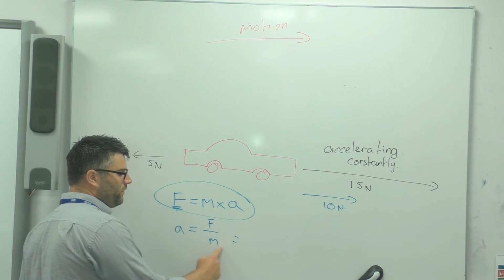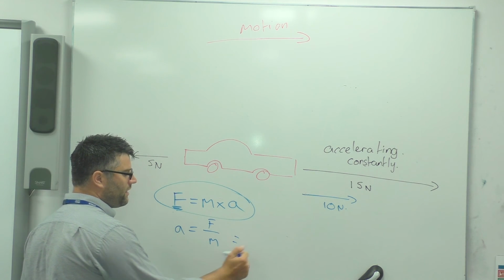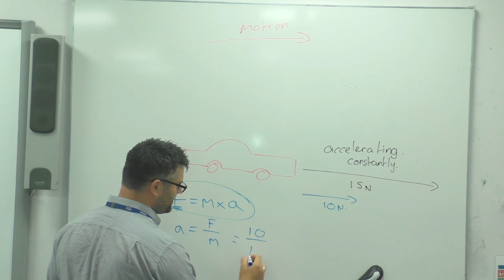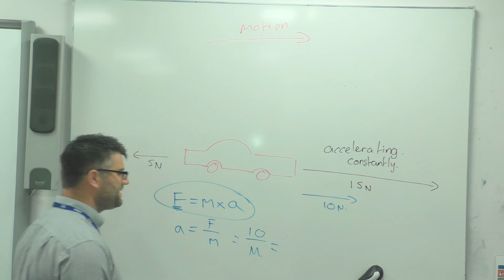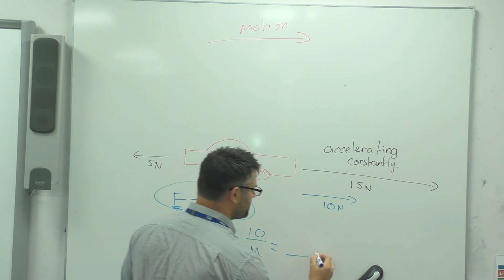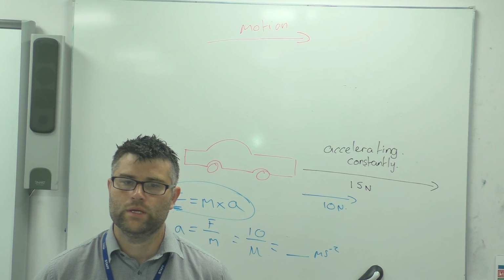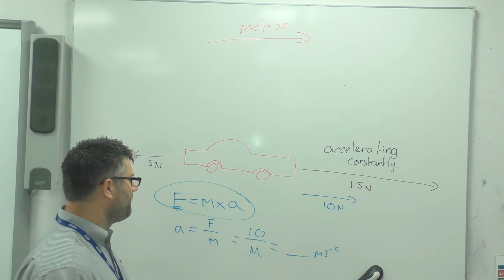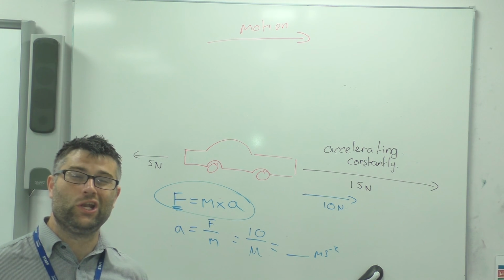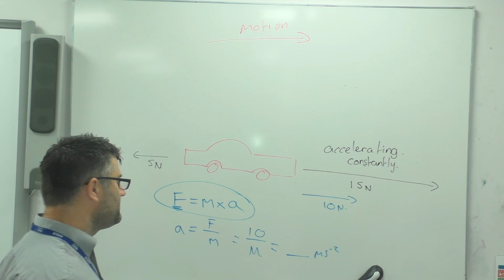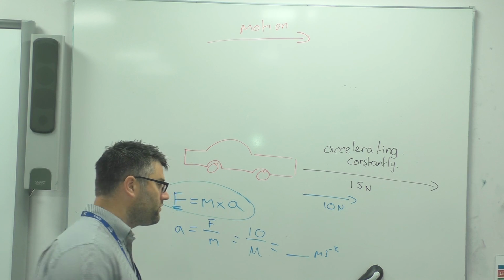So we can use this equation to work that out, and in this case you would do 10 divided by whatever the mass is to work out the acceleration in meters per second. Okay? So, very important equation that's going to get used a lot. A lot of times it's just expected that you know that, and we're going to use that again in another example.